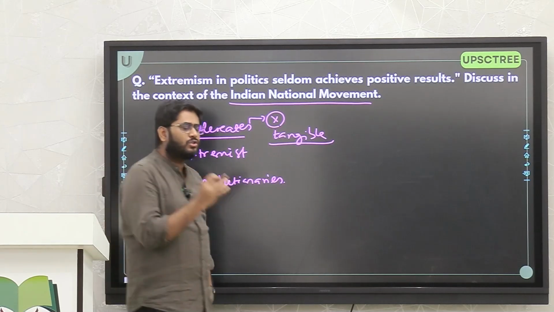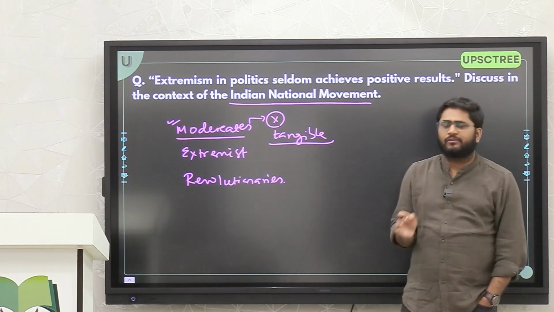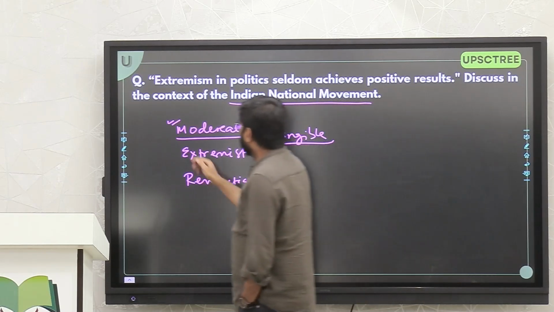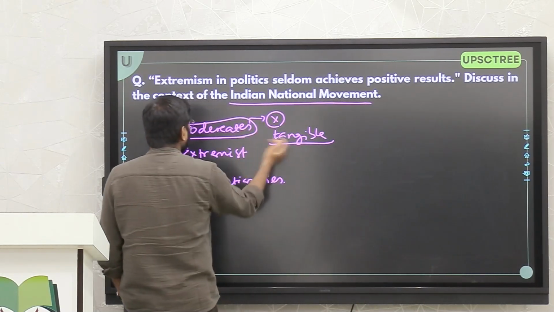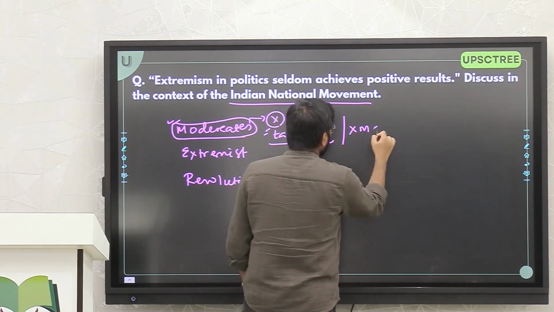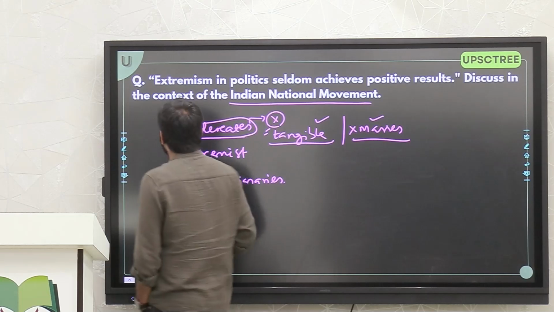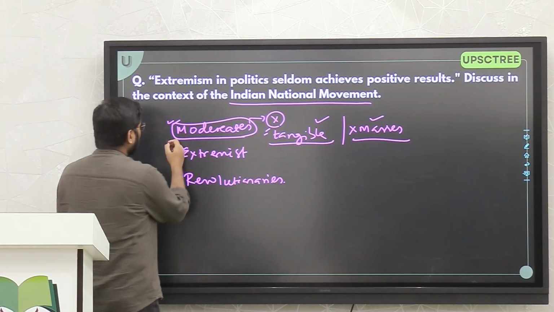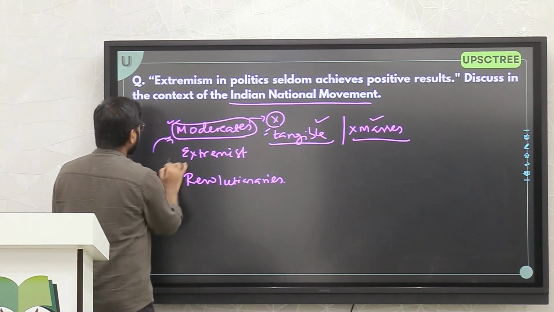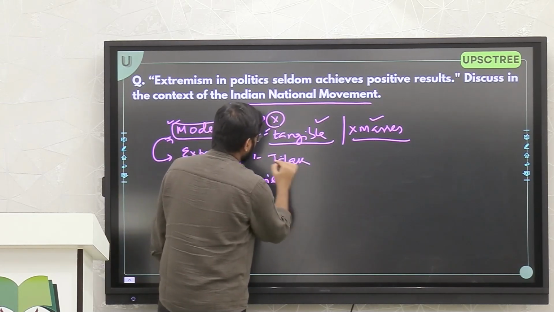However, they exposed the drain or economic drain of India by the British Empire. So there were no big achievements, but that was the only achievement. And they didn't believe in masses. So they believed in constitutional reform, and see, the moderates failed. That is the reason why we see the rise of extremism led by Tilak. Okay.